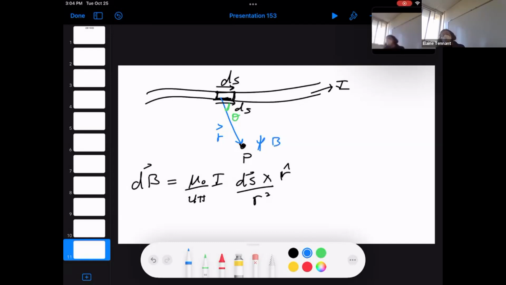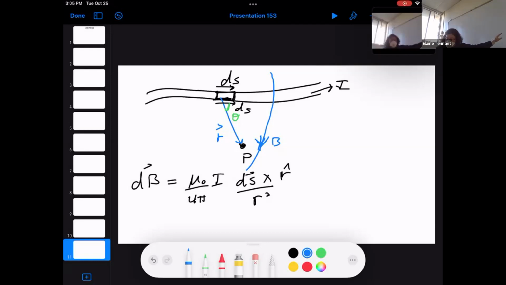Now, if we do that right-hand rule I just talked about, put your thumb in the direction of the current, curl your fingers around. When you're out in front of the wire, you expect the magnetic field to be going down, right? And so that's what this is telling you. At this point, we expect the field to be going down.